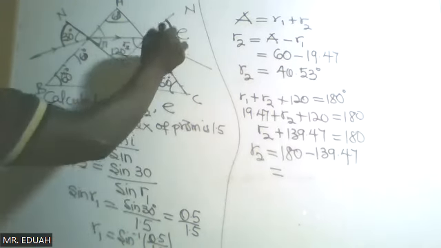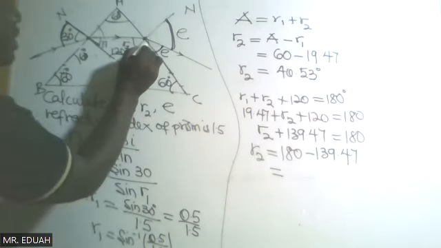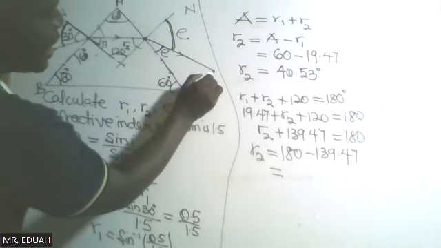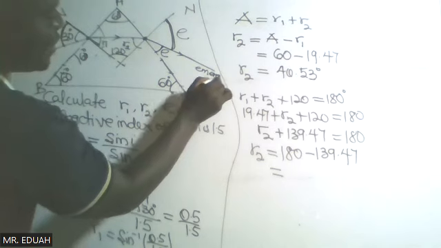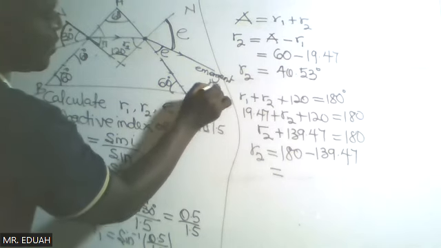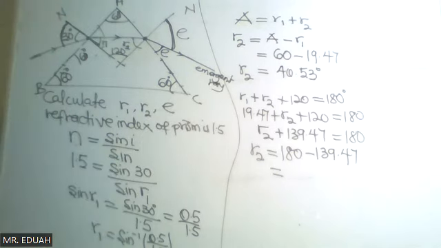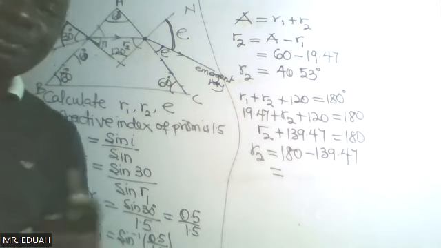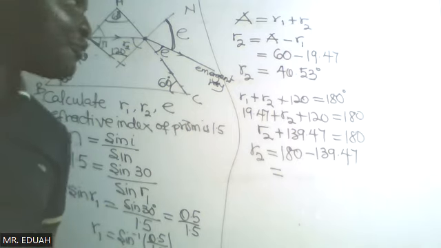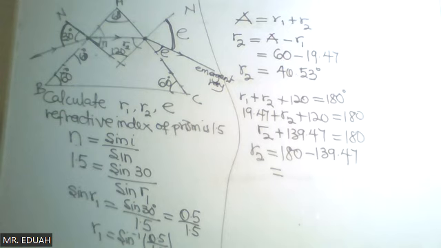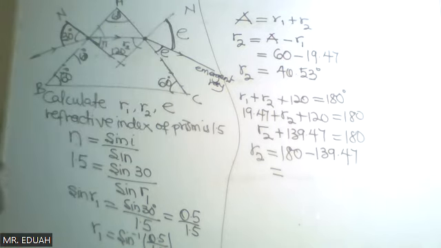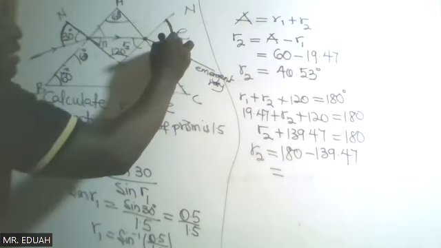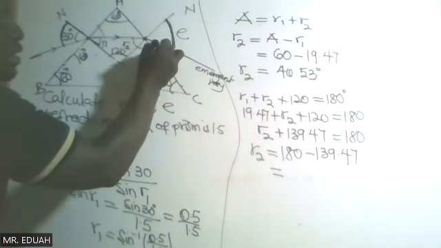But this is the angle of emergence because this ray is called the emergent ray. And the angle between the normal and the emergent ray is the angle of emergence. That angle is measured from the normal. So let's determine this. When you determine this, you can find this.